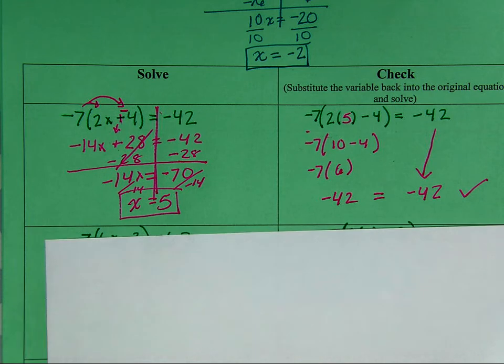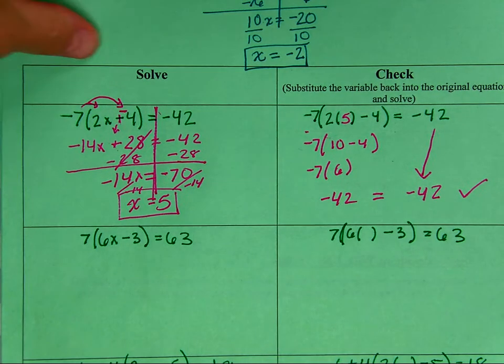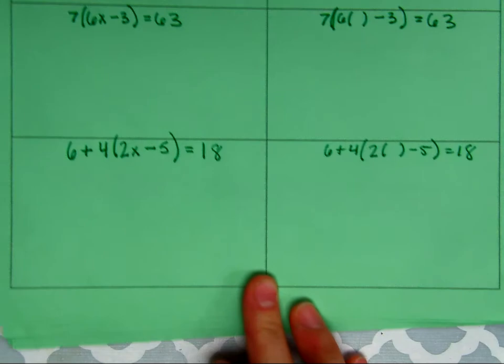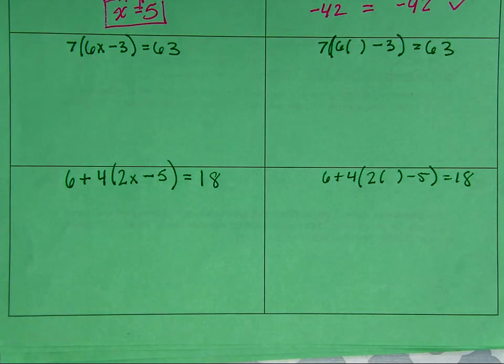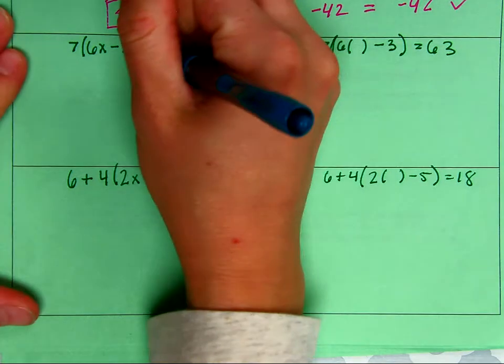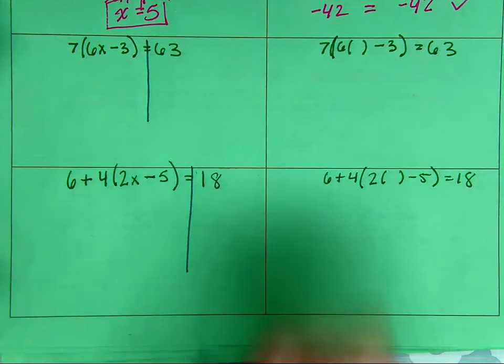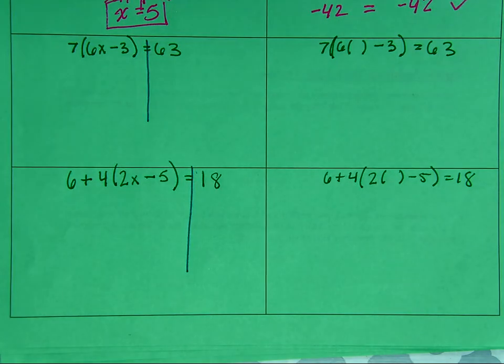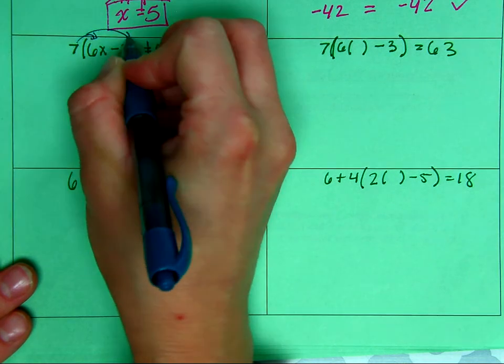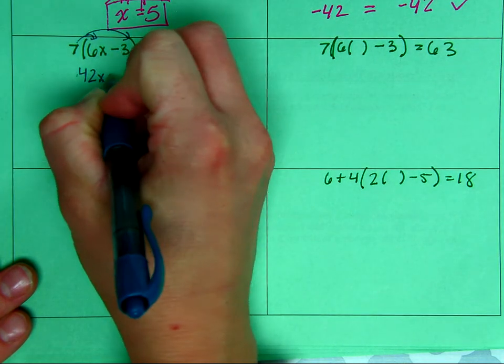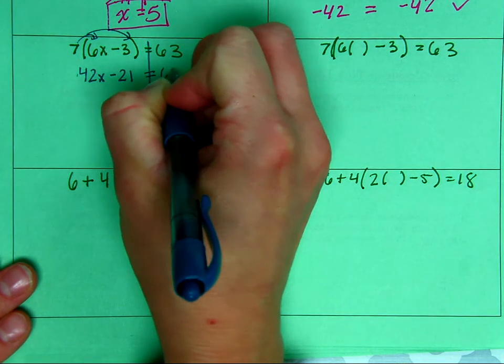Okay. So 2 more on this page for you to try. So pause, write down these problems, and check your answers. Right, so first one, distributing that 7 to both terms, I get 42x minus 21 is equal to 63.